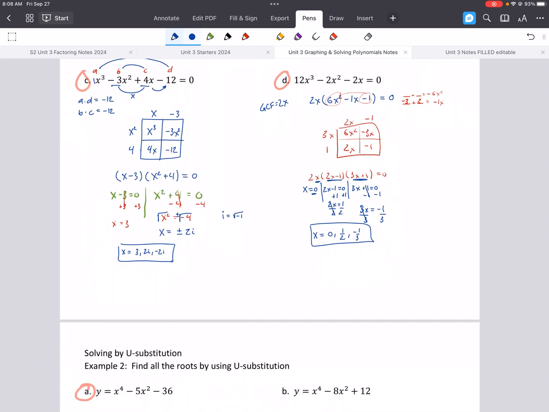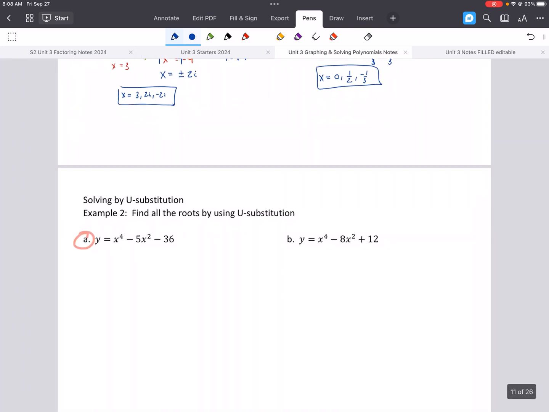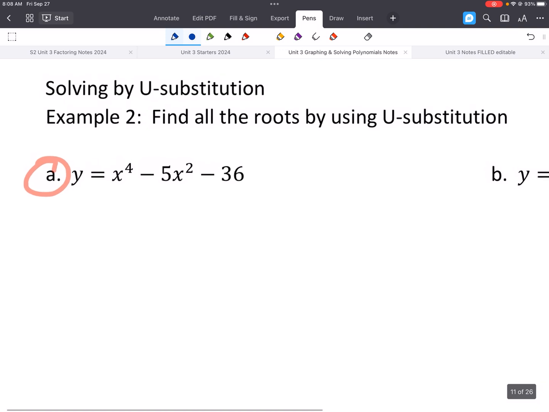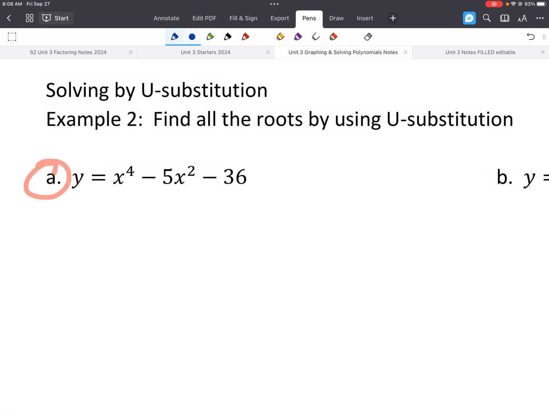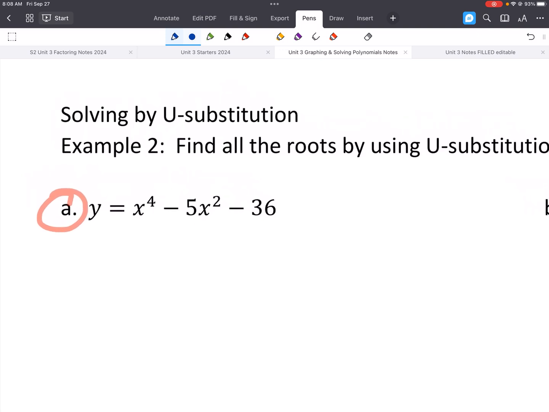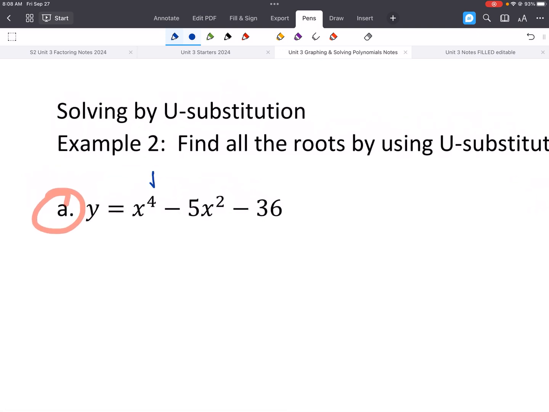All right. So there is also another type of problem, so if you can notice the difference, the special type of equation, then we're going to find an easier way to do these types of problems too. Okay? So if you look at this one, it goes 4, and then 2, and then a constant.